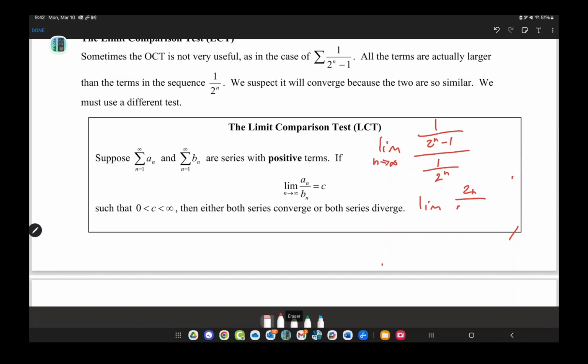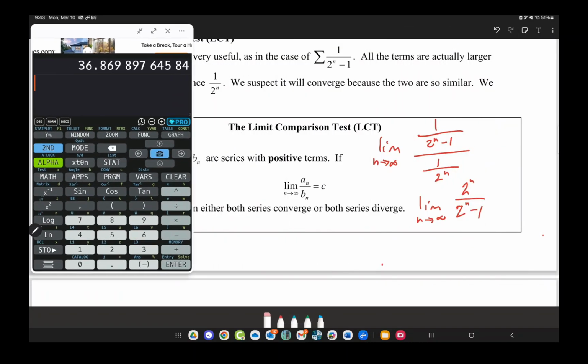So 2 to the power of n, as n goes to infinity. What's this trying to find? Trying to find if this reaches a constant or not.